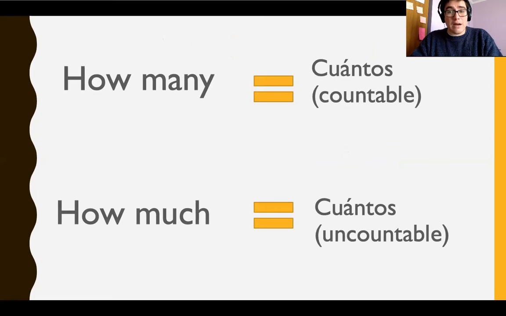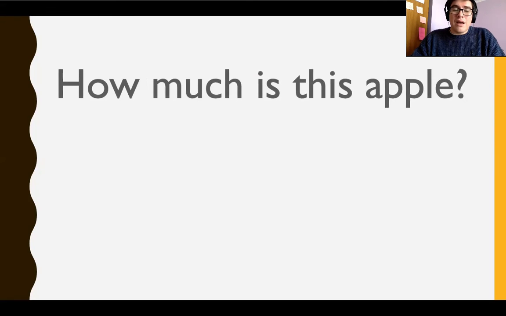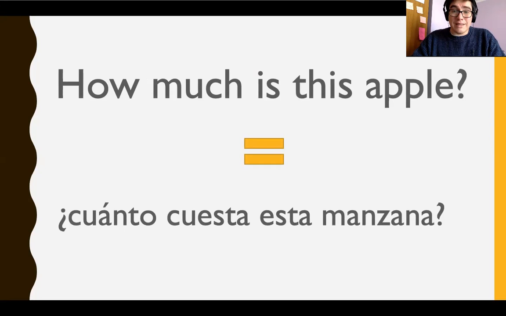How many countables? How much uncountables? But also, how much has another meaning. How much can also mean cuánto cuesta. For example, how much is this apple? ¿Cuánto cuesta esta manzana? So how much can mean cuánto, cuántos, or cuánto cuesta. What's the price?